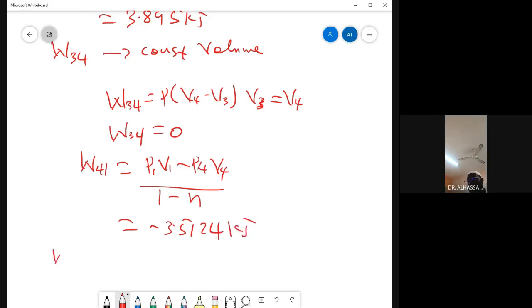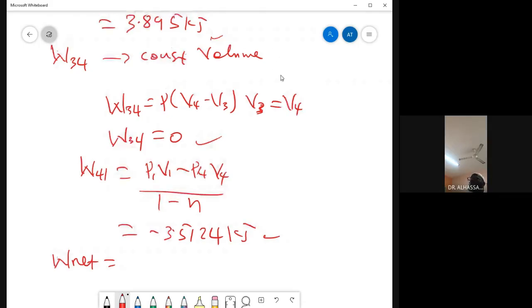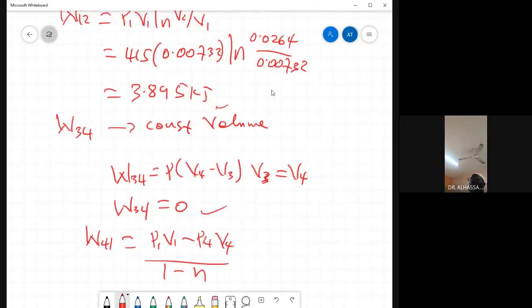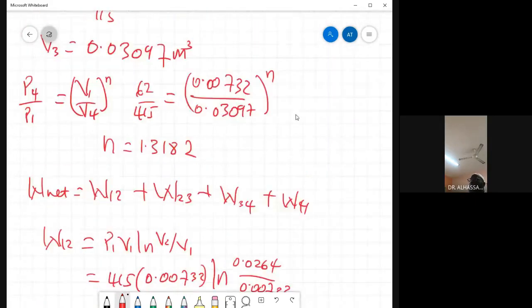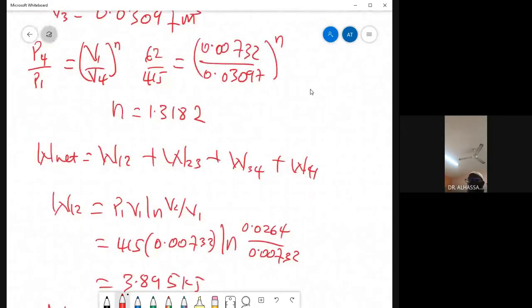So W net again gives us the sum of all these quantities. Okay, so you sum, then W12 is given also already.